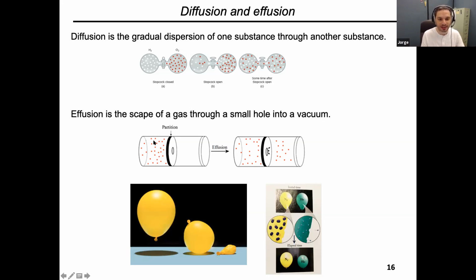First, the gas escapes through a small hole into a vacuum. That is the biggest difference between effusion and diffusion. In effusion, we start with one gas and a vacuum on the other side, and then the gas passes through this small hole and fills up the vacuum.